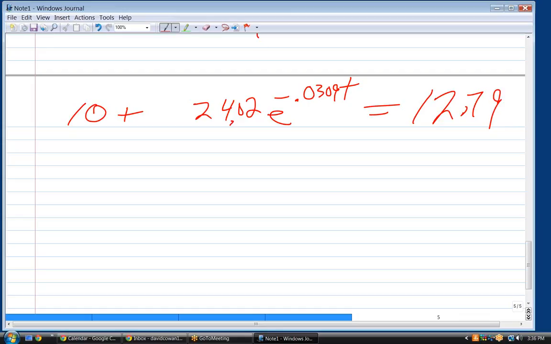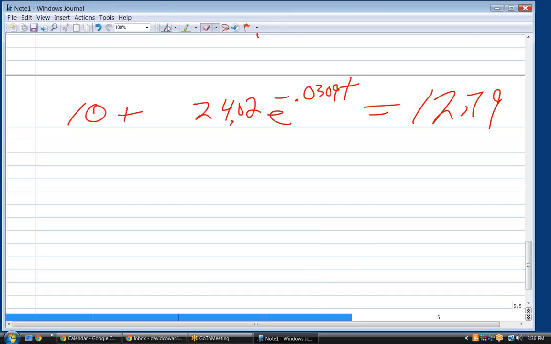How are we going to solve this? We want to end up with t equals something. Now, this is not an algebraic equation. This is an exponential equation, which means most likely we're going to need to use logs to solve it.